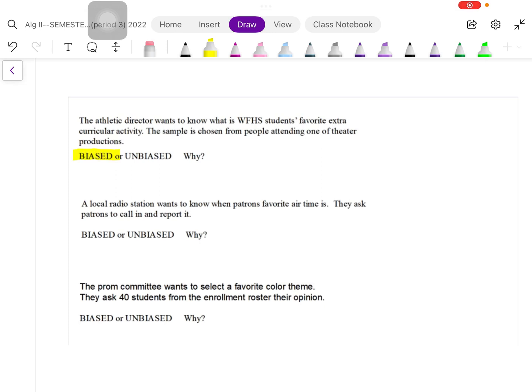We would say it is biased because they only sampled theater people. They did not sample every extracurricular activity and get a response.